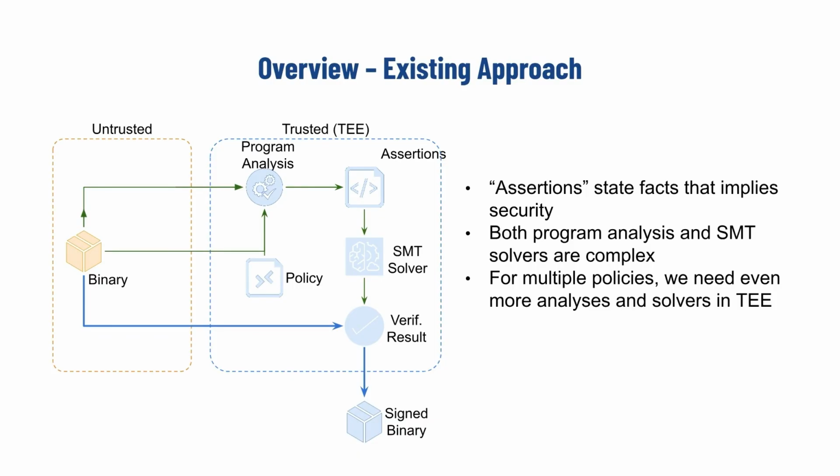Such assertions are facts related to security properties. Such generated assertions are then sent to a trusted SMT solver, which then derives the verification result. The verifier finally signs the binary for releasing. Usually, to verify one policy, a dedicated verification framework is required. This can bloat the TCB size easily.